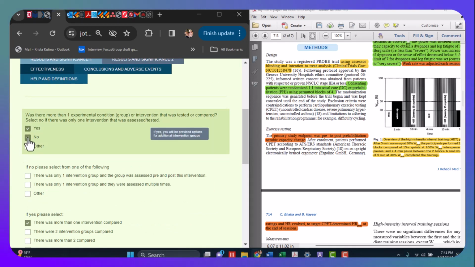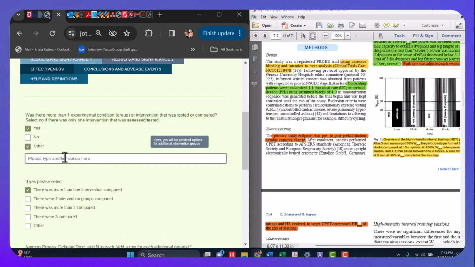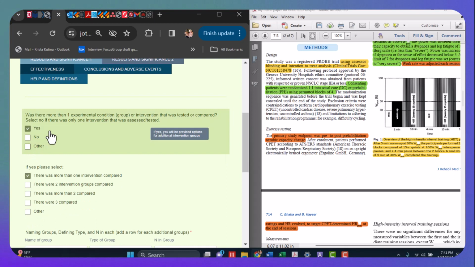Throughout the form, I want this to alleviate concern that there's not going to be an option, just from this menu for what you click. Like if you click other, there should be an option like this. It should be that way throughout the form. If something like this is not working and there's not an option for you, again, please email me, katinak@duq.edu, and these can be changed very easily.